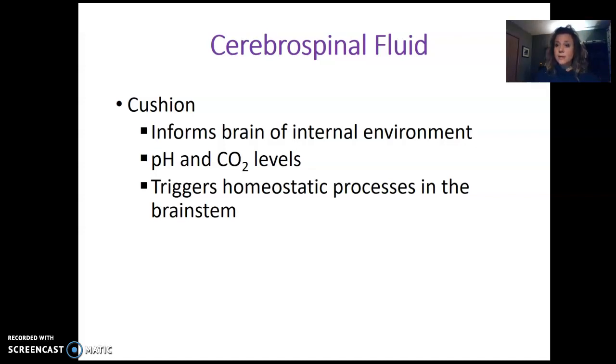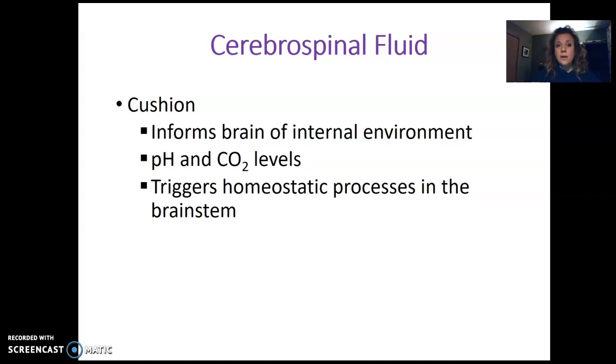And then as the cerebrospinal fluid circulates throughout the brain and the spinal cord and around the outsides of these, there are different areas of the brain, nuclei, that are going to sense changes in pH, typically caused by carbon dioxide levels. So that can trigger some homeostatic processes in the brainstem. Recall that the brainstem, the medulla oblongata specifically, is responsible for respiratory rate.